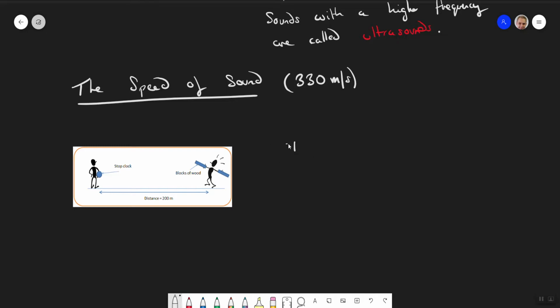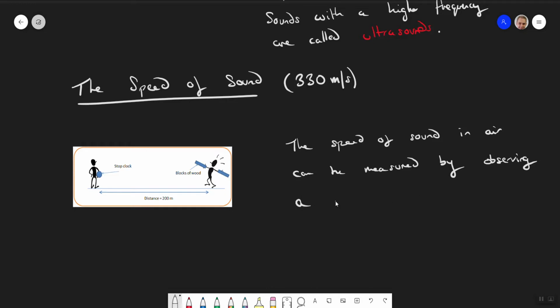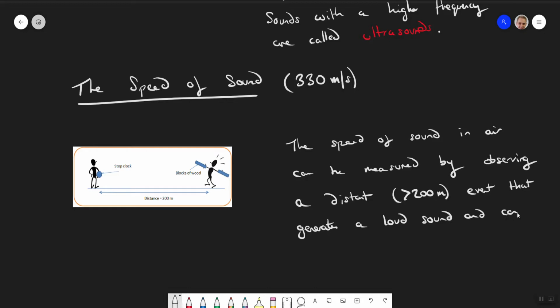So the speed of sound in air can be measured by observing a distant event, greater than 200 meters, let's say, that generates a loud thing.